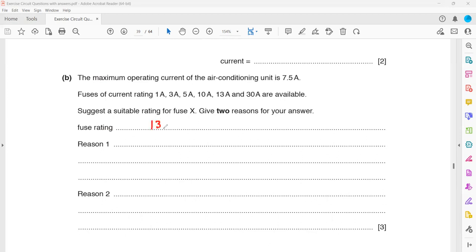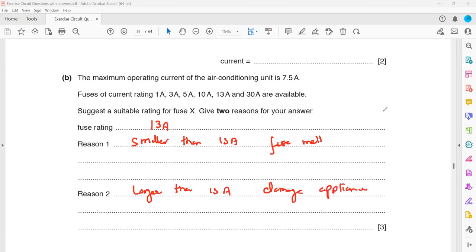So here we select 13 ampere. Reason one: why did we not select smaller than 13 ampere? The fuse will melt. And why did we not select larger than 13 ampere? It will be dangerous, or it can damage the device or appliance.